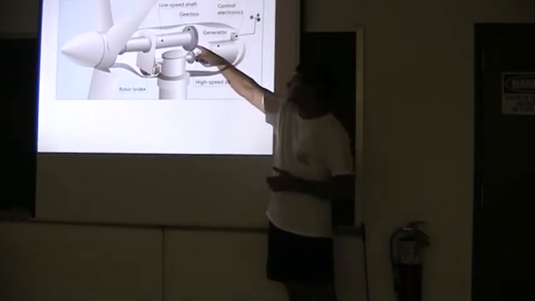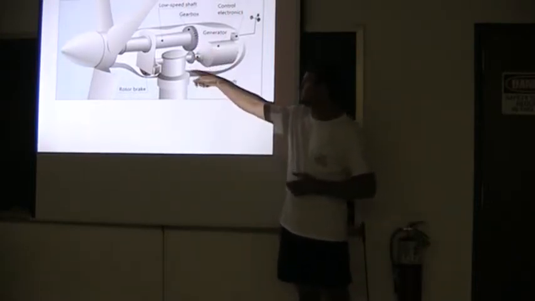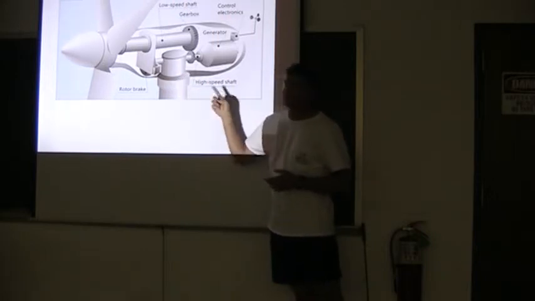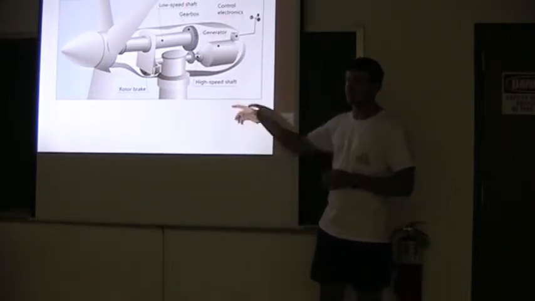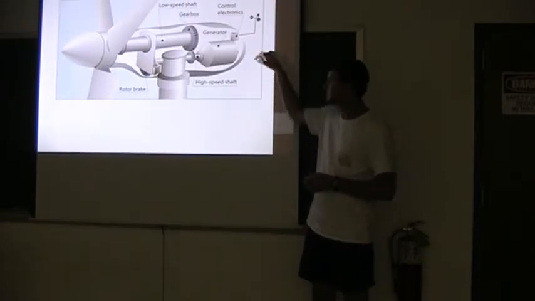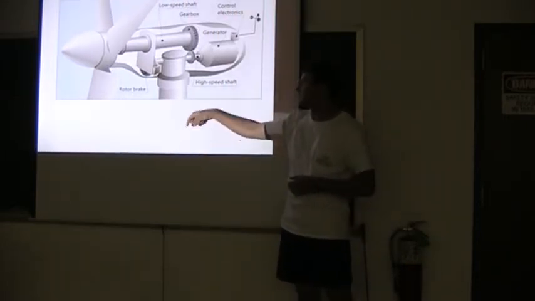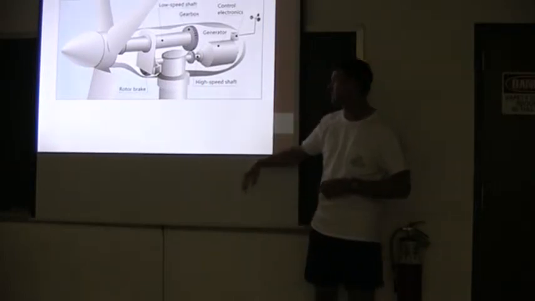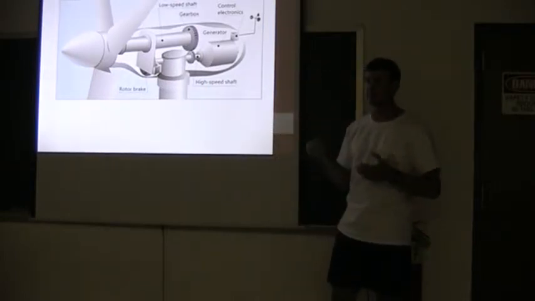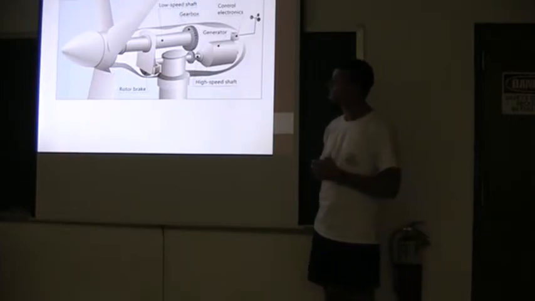So this large gear will spin the small gear, which spins the high-speed shaft, approximately 1,800 RPM, to power the generator, sending power down into the receiver to spread power out to either houses or power stations and stuff like that.